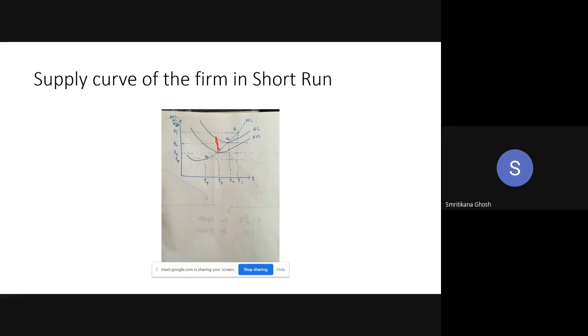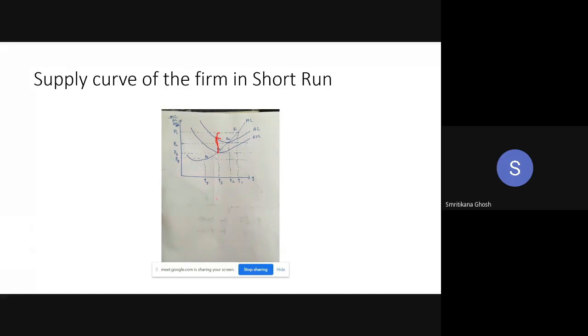From here, that will be the C. So CQ3 is your average cost, and your average revenue is E3Q3. So your average cost is greater than your average revenue, total cost is greater than total revenue. So profit is negative. Negative profit means loss. Now the question is whether the farm will produce in this situation or not.